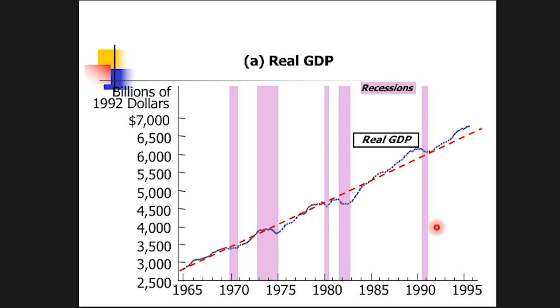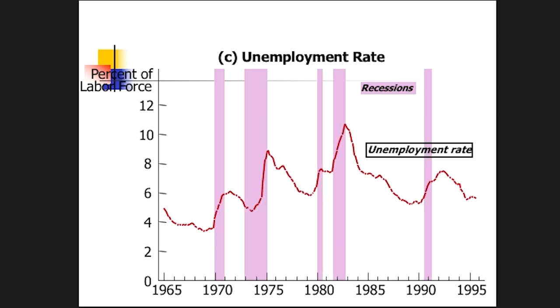This relation between real GDP and unemployment is called Okun's law, and we have explained it in lecture 2, data of macroeconomics.